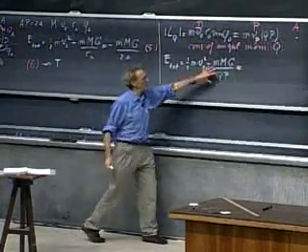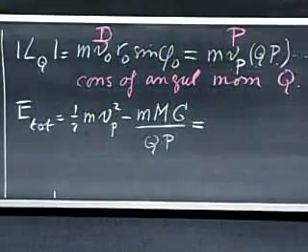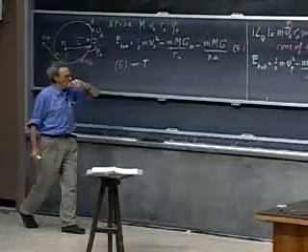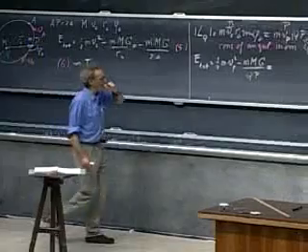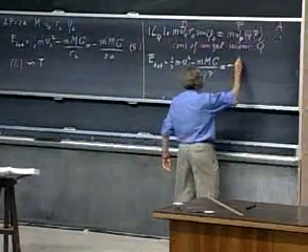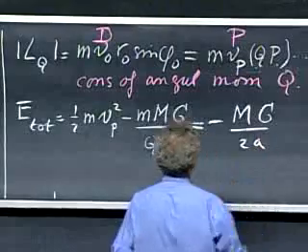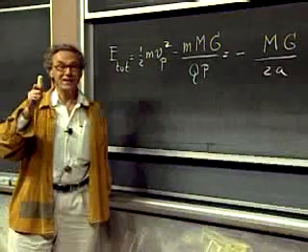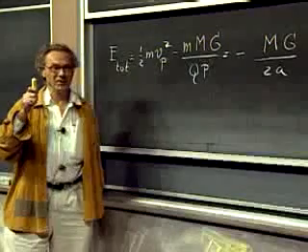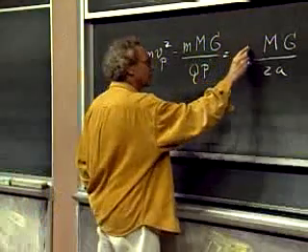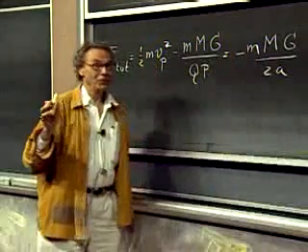This is the potential energy when the distance between capital M and little m is qp. But this number we know, because that is minus GMm divided by 2a. That's our equation number 5. Oops, I slipped up here. You may have noticed it. I dropped a little m, which should be in here. Sorry for that.